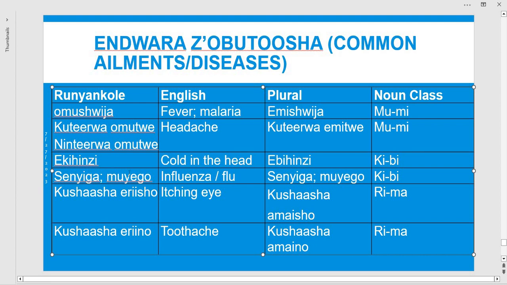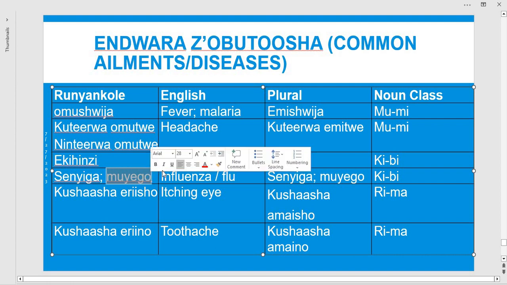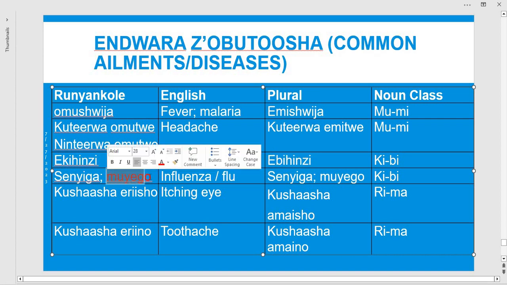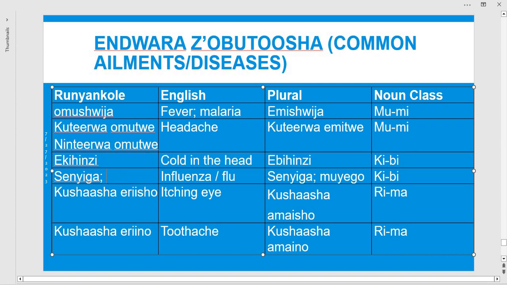Muyogo, I don't know, I've never heard of it. So you can use senyiga. It is the common one. That means you have flu. In the ebhins, that is called like mucus.